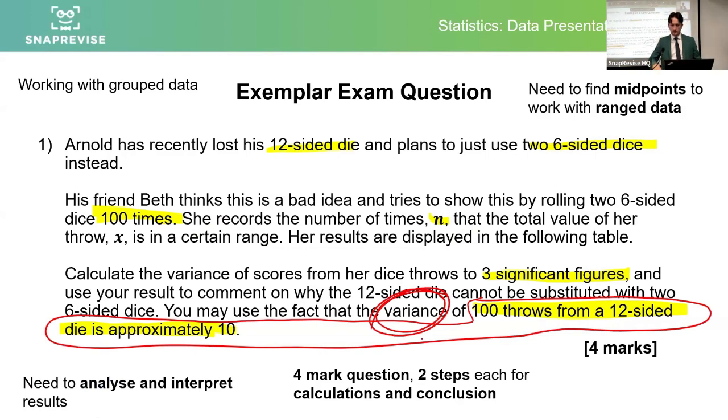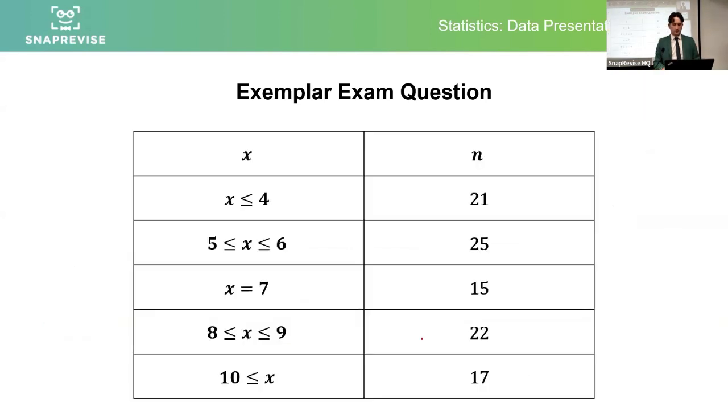So we're going to use that for comparison: the variance of 100 throws from a 12-sided die is approximately 10. This is what we have. So this is her results with the two six-sided dice. Let's give it a go. I'll give you a minute to have a little think, but I am keen to walk this one through with you. So we'll start looking this through together shortly.